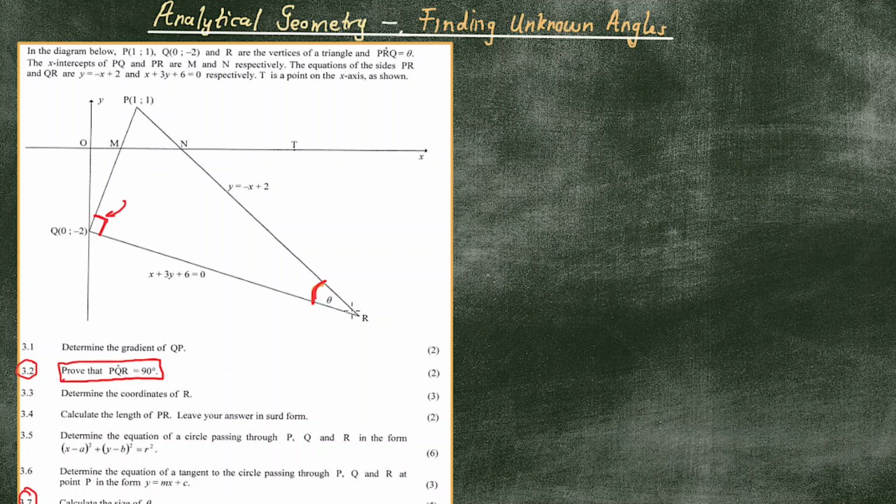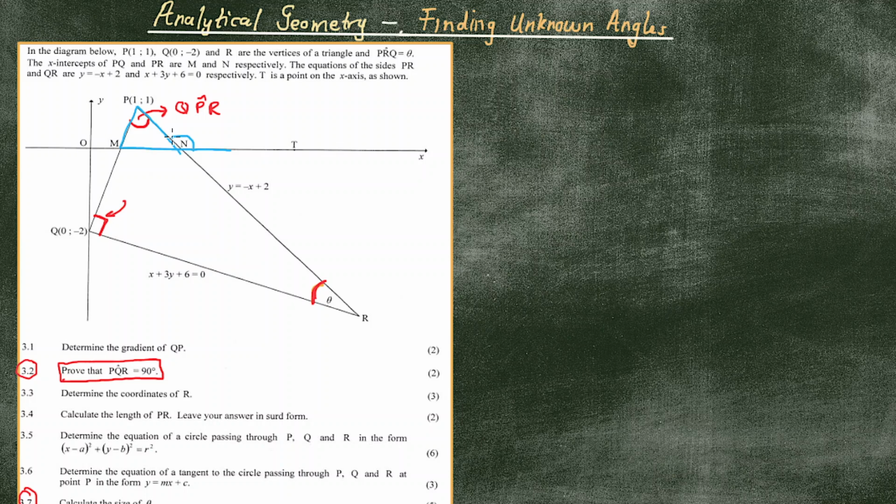So in order to calculate theta, I need this angle. We can call it QPR. We have to calculate that angle, right? So how do we calculate it? I think let's highlight the triangle.